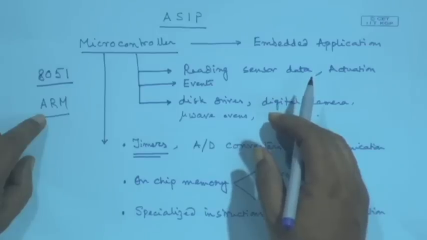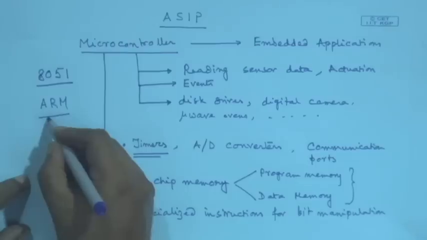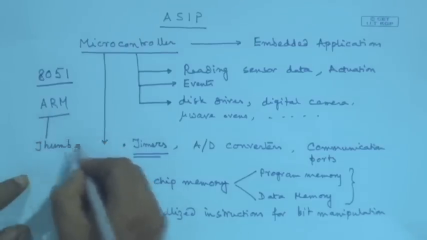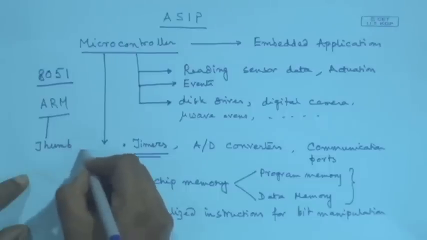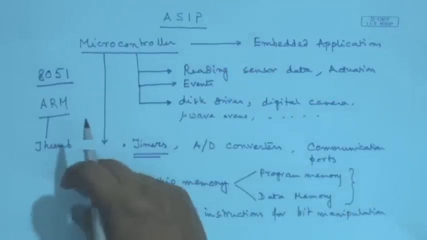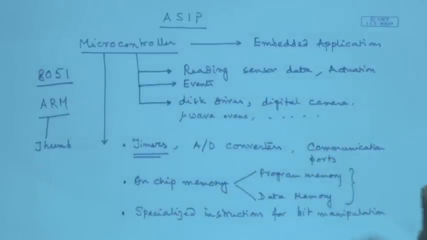For ARM, you will find there are 2 different modes in which the ARM processor can work. One is the normal mode, and there is a special thumb mode, okay, where you can work in 32 bits and you can make it consume much less power.